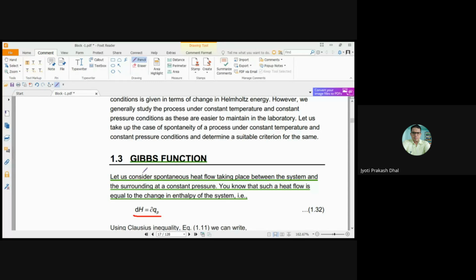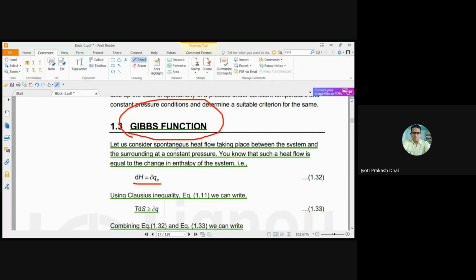Now coming to another new function which will also describe the criterion of a spontaneous process. Let us consider heat flow taking place between the system and surroundings spontaneously at constant pressure. Here we are considering constant pressure; at that time, we considered constant volume and constant temperature. So when the constant pressure condition is there, we move to the Gibbs function.